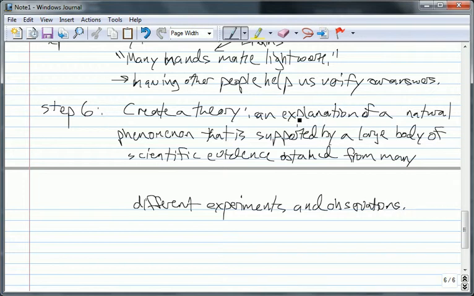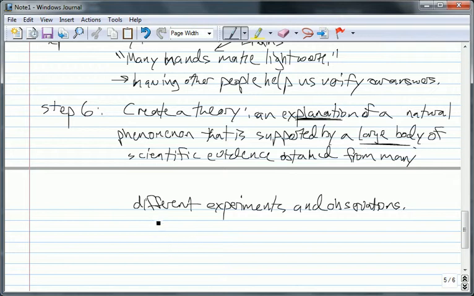Theories specifically are an explanation. We explain how things work, why things work, that kind of thing. Theories are not something we come up with easily or flippantly, where you're not really trying very hard. They're something we spend a lot of time developing because they are supported by a large body of scientific evidence obtained from many different experiments and observations.